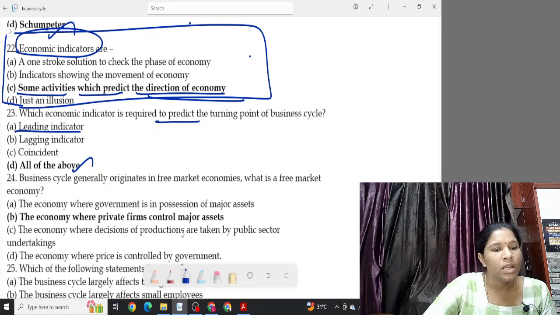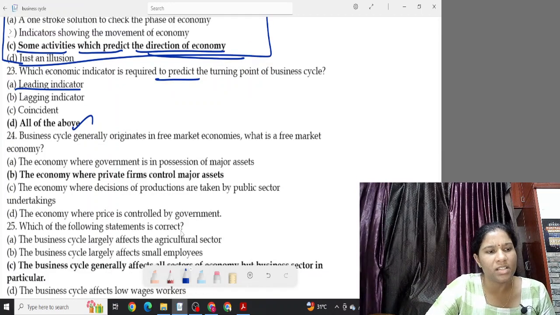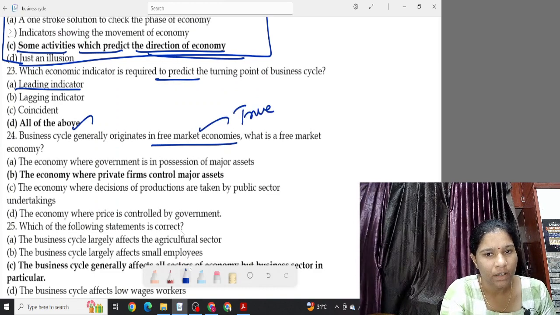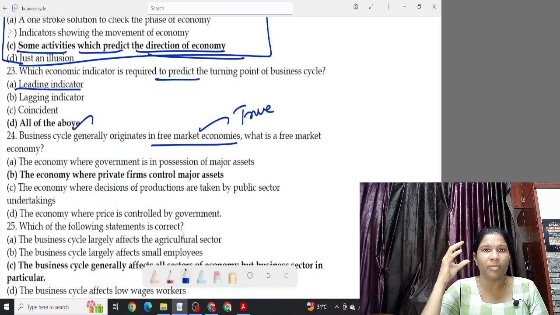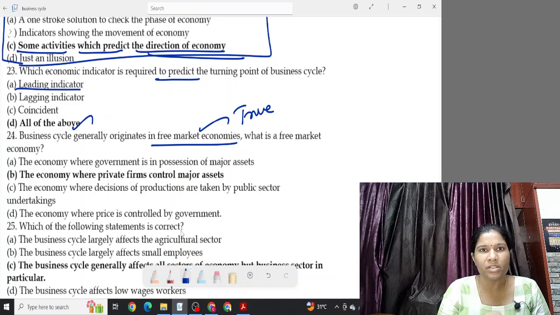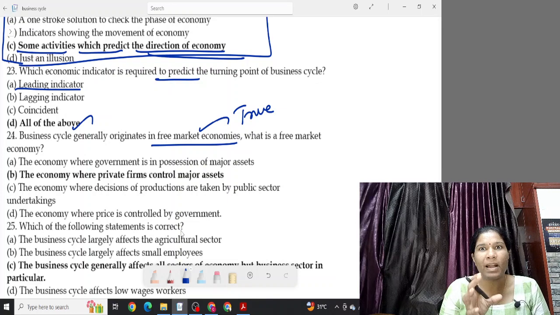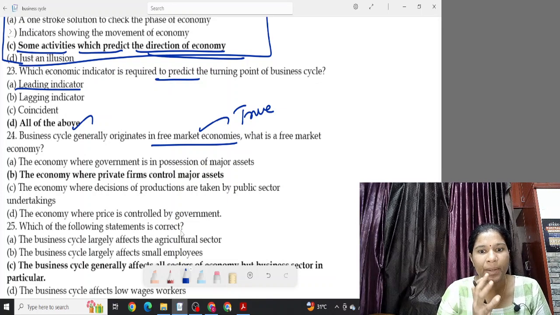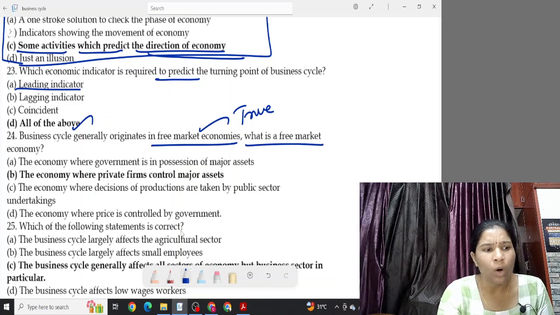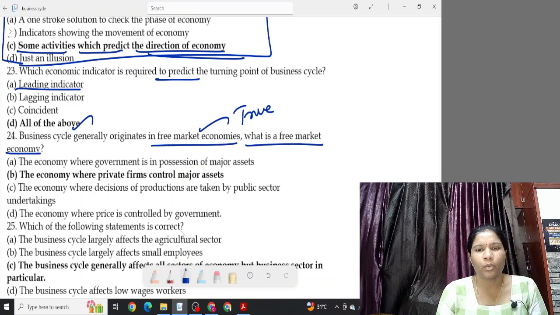Okay, next one. Business cycle generally originates in the free market economy. It is a true statement, because whenever there is government interference, business cycle generally doesn't originate, because they know that expansion, trough or peak should not happen in a very unexpected way. What is a free market economy?